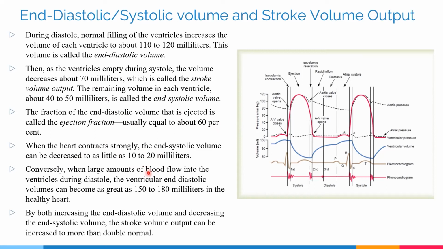When large amounts of blood flow back into the ventricles during diastole, the ventricular end diastolic volume can become as great as 150 to 180 milliliters in a healthy heart. Thus, by increasing the end diastolic volume and decreasing the end systolic volume, the stroke volume output can be increased to more than double normal.